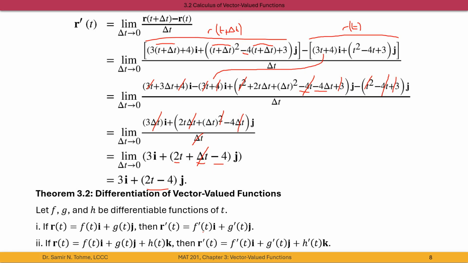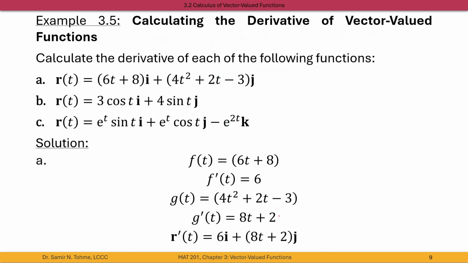You do the derivative of each component individually. So the derivative of r is f prime i plus g prime, which is the y component, j. In 3D, this is the same. You do each component individually. We have a third component, which is h. You do the derivative of h, which is the z component of this vector function.